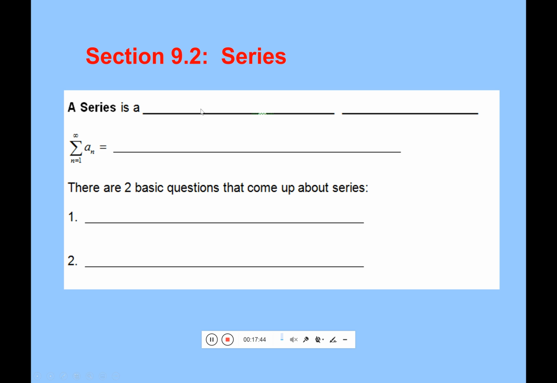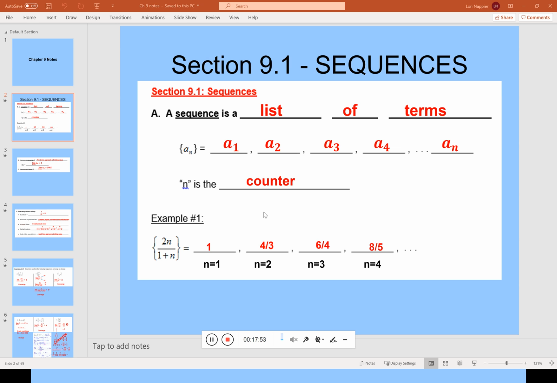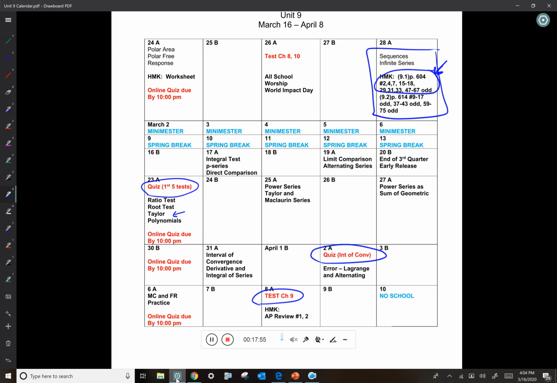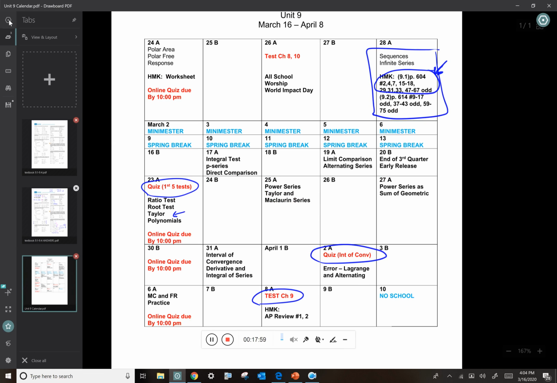So 9.2 is series. That's the next topic. So I want to, whoops, I don't want to keep my annotations. I want to take you back to the homework, and I should have mentioned this earlier. You may not have the blank copies of the notes, but all of that is in Canvas.